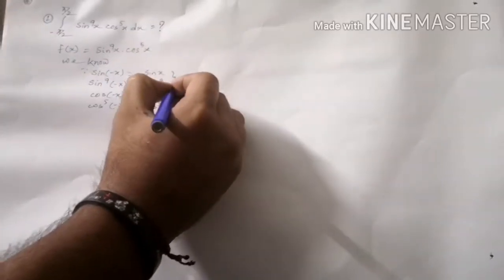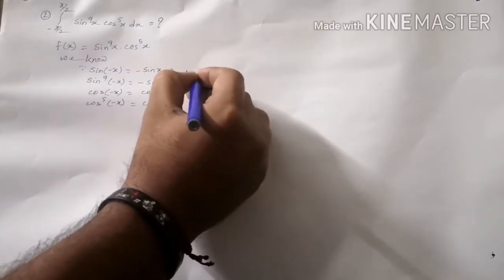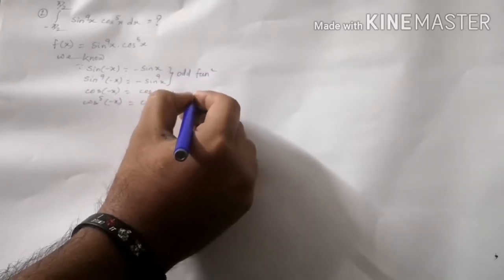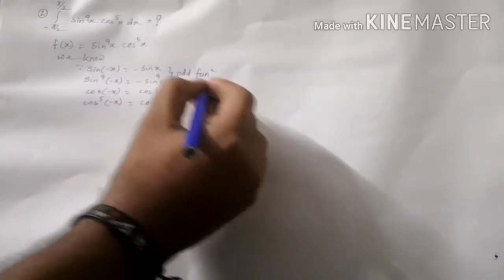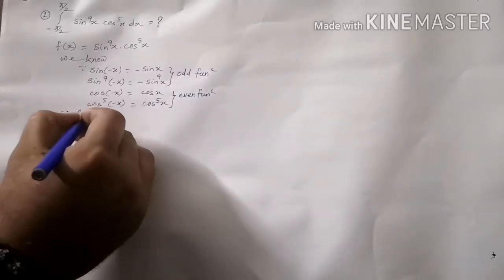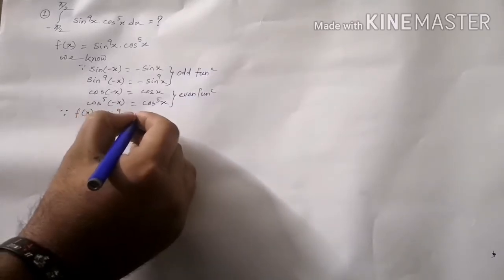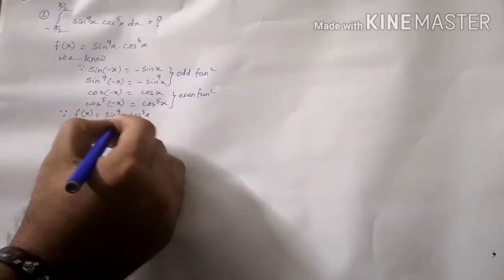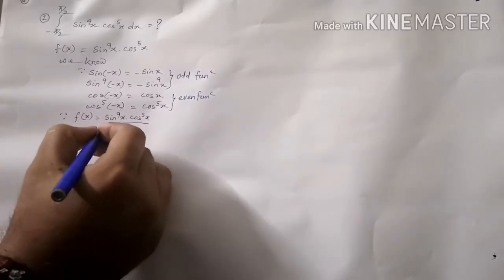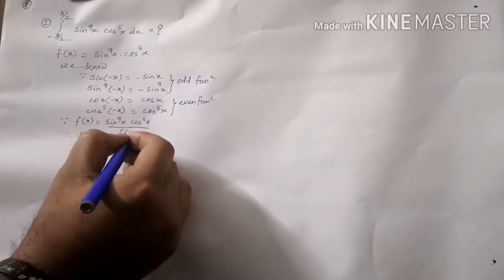So sin x is an odd function, but cos x is an even function. So f(x) equal to sin to the power 9x into cos to the power 5x, and both are multiplied, so f(minus x) should be minus f(x).